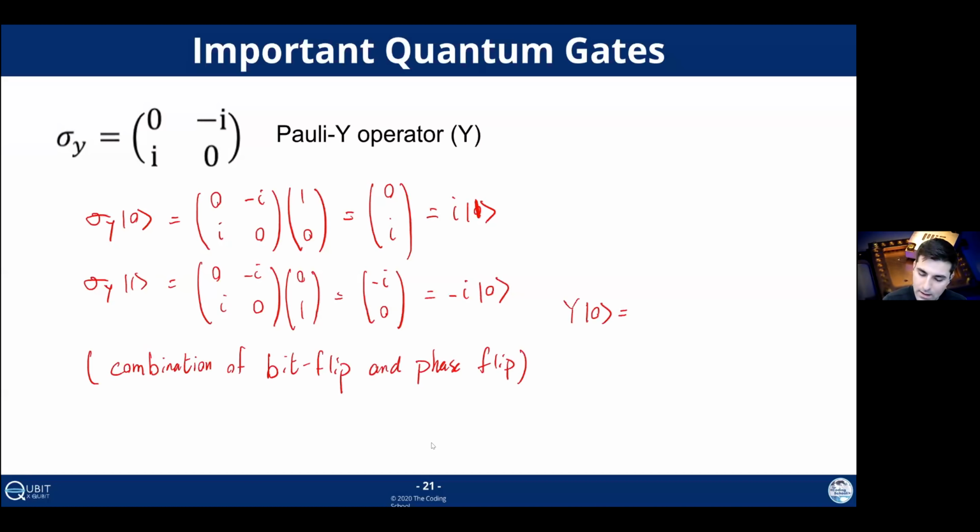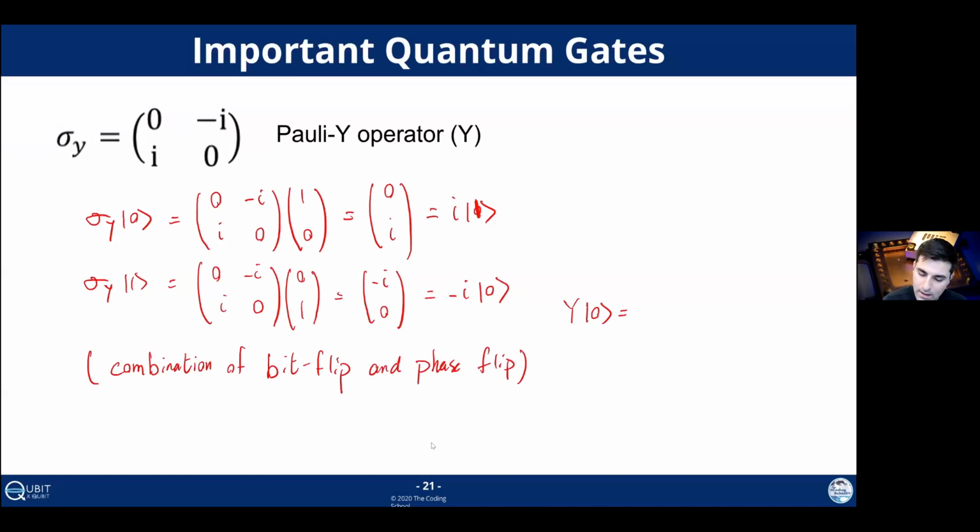Something you will see over and over again is that sigma y (I'm going between showing the Pauli Y operator as Y and sigma y deliberately because they're interchangeable) is equal to I sigma x sigma z. That is a property that's true. So really, you don't need the Pauli Y operator. You can just construct it using sigma z and sigma x.